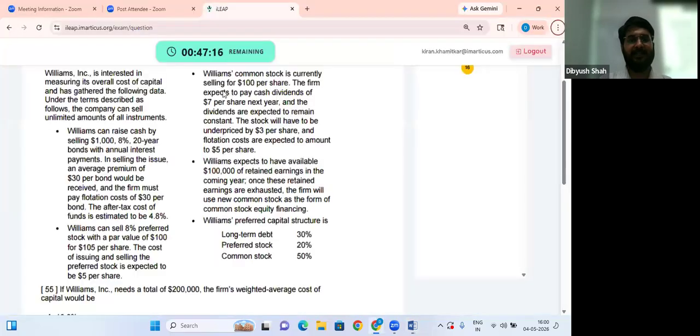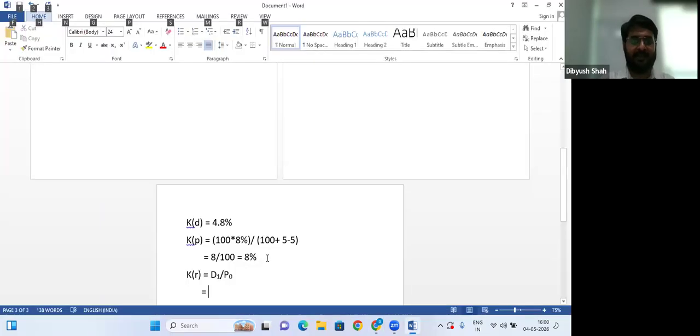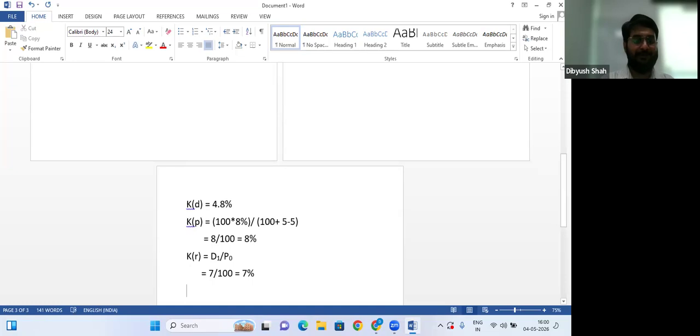So in this case, Williams common stock is currently selling for 100 and expects to pay a cash dividend of 7, and the dividends are expected to remain constant. So dividend is 7 divided by 100. For retained earnings, I need nothing else because I will not have any flotation cost. 7%.